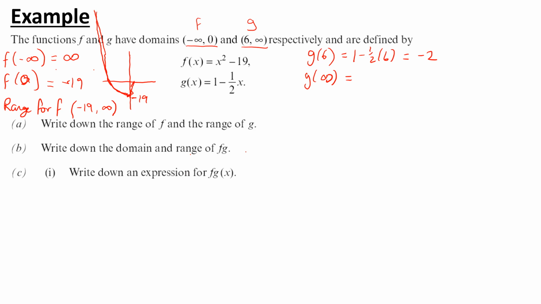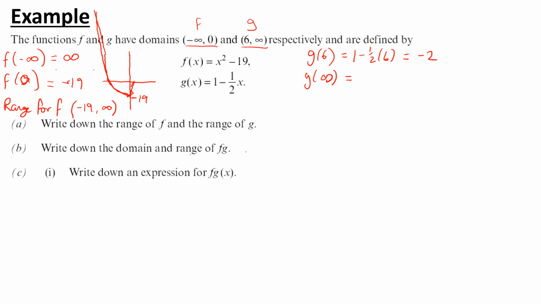So if I put infinity, or think of it as a very, very large number, into this function, first of all, I'd have to half it. Well, if you take an absolutely enormous number and you half it, it's still absolutely enormous. Then we would subtract that from 1.